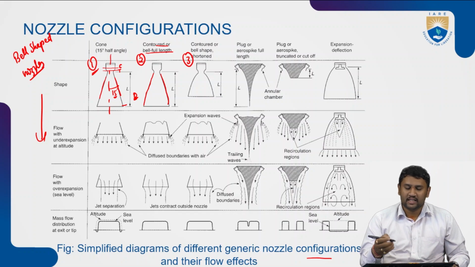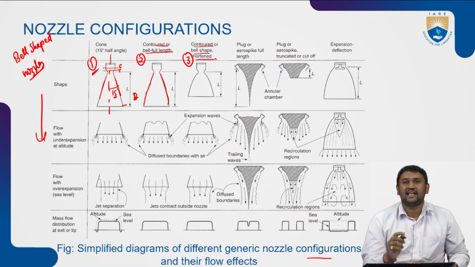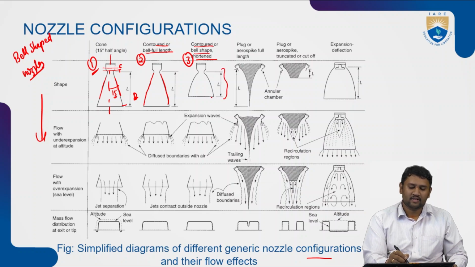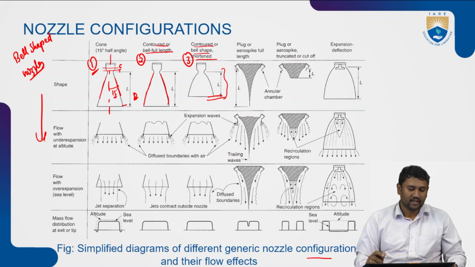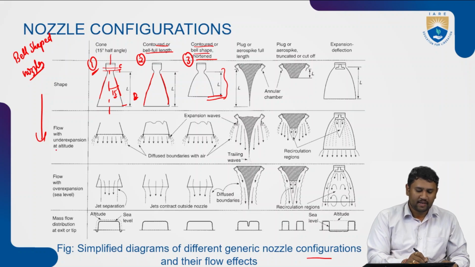Now, similarly, another one is nothing but contoured or a bell shape, but it has been shortened, right? Based on our requirement, based on our design, we can shorten the bell nozzle. Now, coming to the flow with an under expansion at altitude. What do you mean by under expansion?